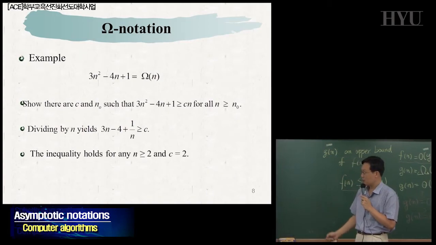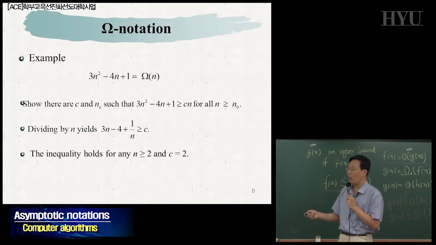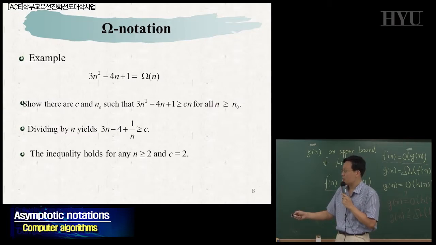But look at this: when n is 2 or more, the left-hand side is 2 or more. This is anyway positive.